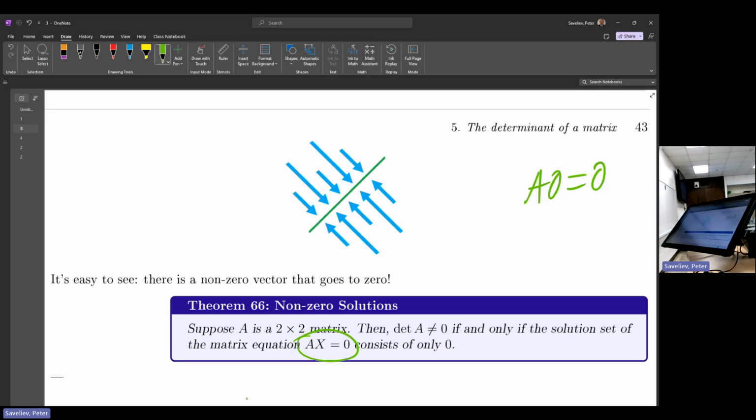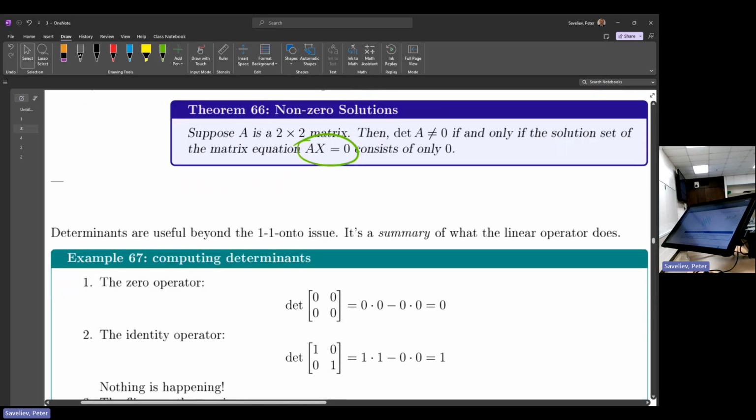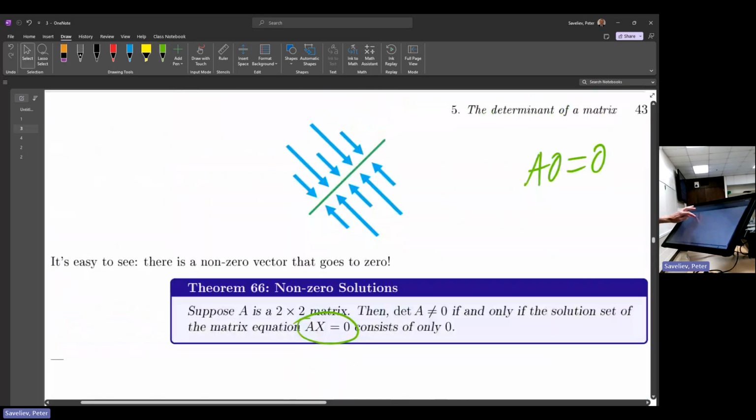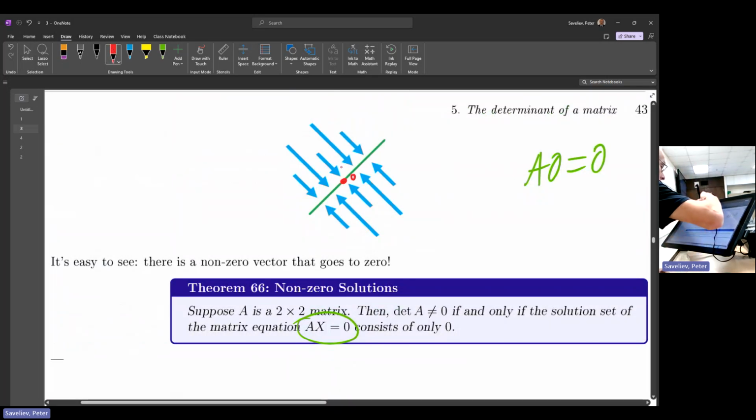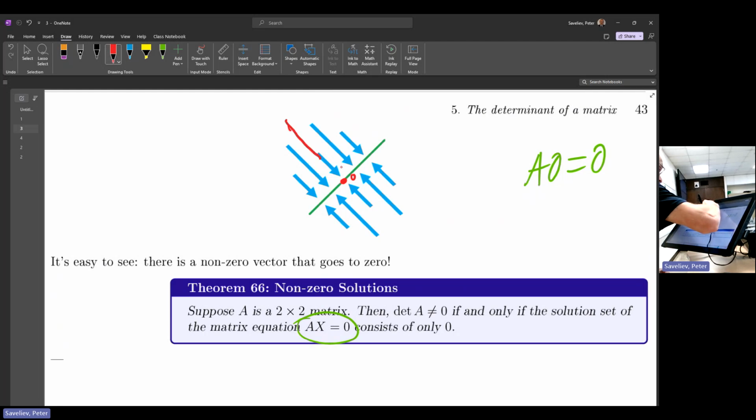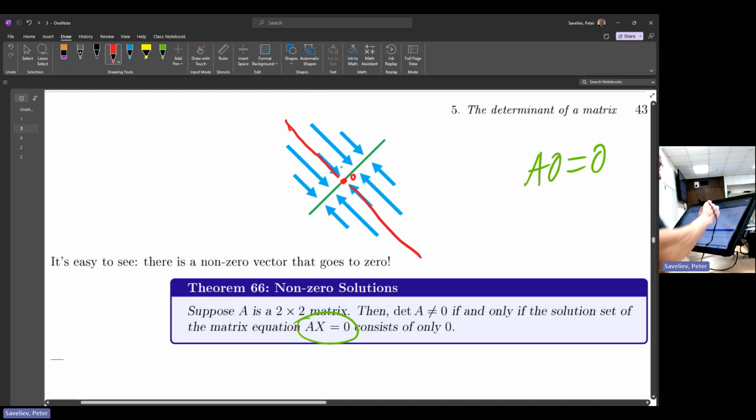If there are others, then there's a whole line of things that hit 0. The projection is this whole line right here; this one goes to 0. So that's what projection is: the whole line goes to 0.